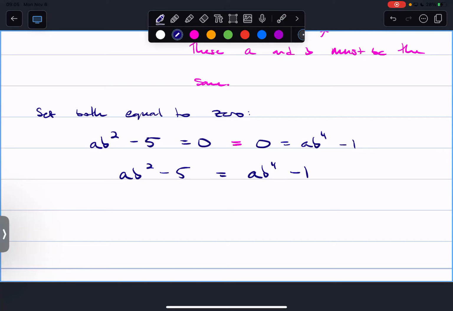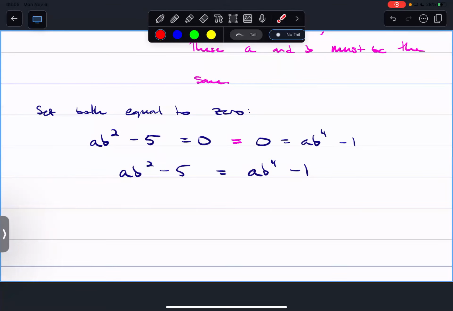Okay. So now, what's another thing we could do? I could bring the 5 over here, just because I don't like negatives, right? They're going to haunt us, but still, ab squared can be ab to the power of 4 minus 1 plus 5, right?